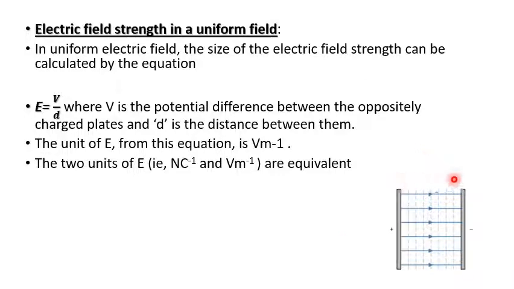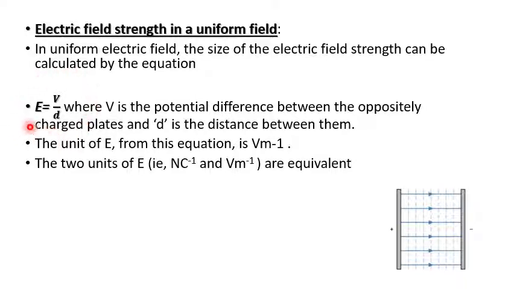Let V be the potential difference between these two plates and d the distance between them. Then E is equal to V over d. This is a very important equation for us, which will be given in the data sheet. The derivation of this equation is not important for us, so we can just ignore the derivation part.